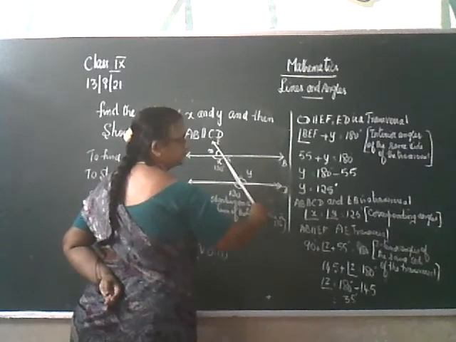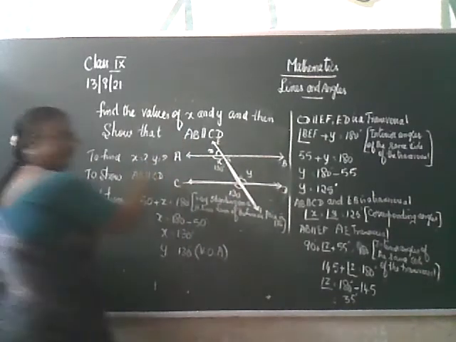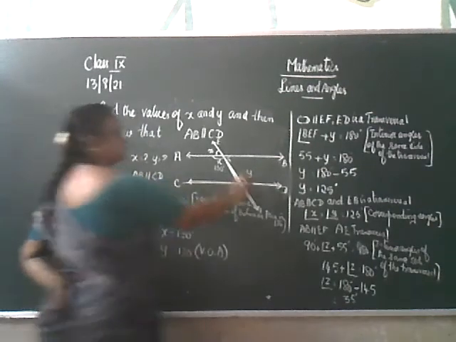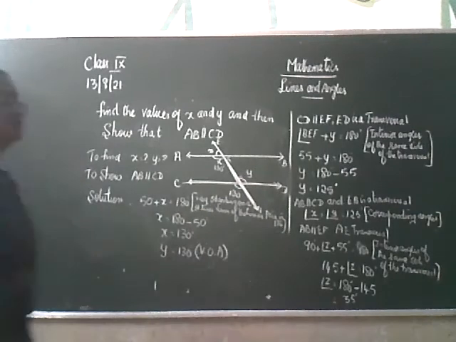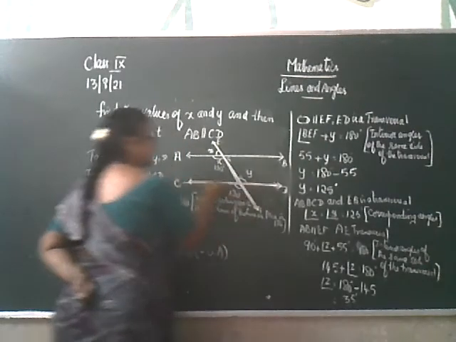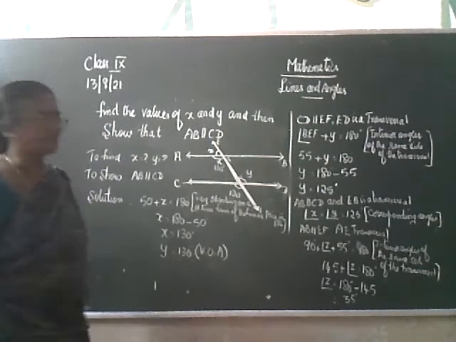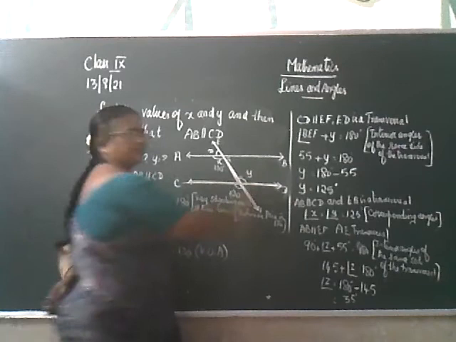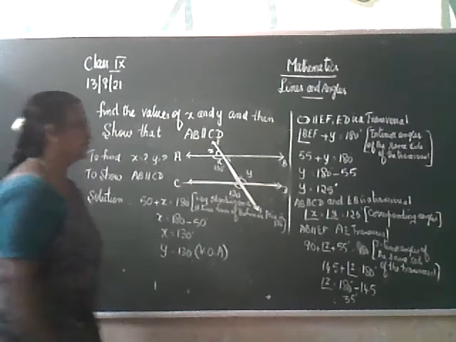EF and CD intersect at H. So vertically opposite angles are equal. EF is the line and CD is the line which intersect at H. Then vertically opposite angles are equal.